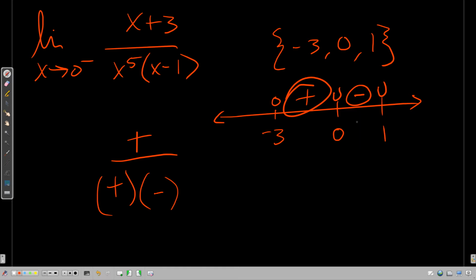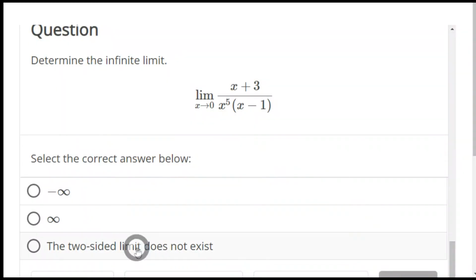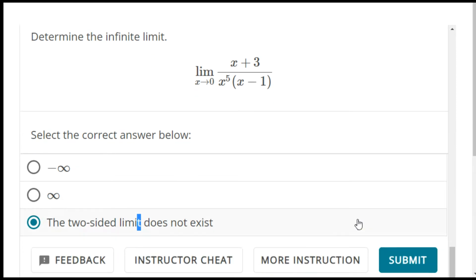Now the sign is negative, so the limit as x goes to 0 from the right of that function would be equal to minus infinity, which is different from what this was. This was just infinity, and so the two-sided limit does not exist.